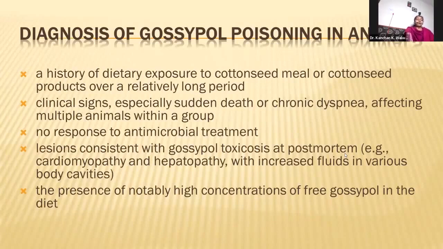Many times in the field, we do not even go for laboratory diagnosis because of unavailability of facilities. We simply see the symptoms and go for treatment. So most of the time we are treating with antimicrobials and supportive therapy.